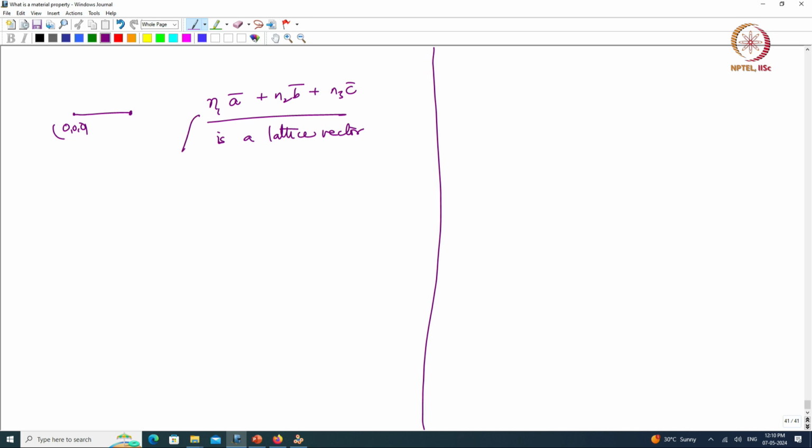So, this is saying that there is some periodicity in the lattice. Okay. So, mathematically this is how a lattice is defined.